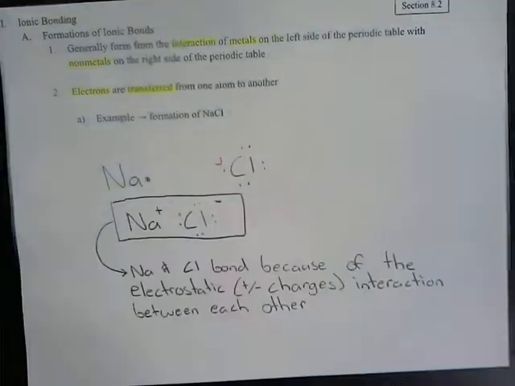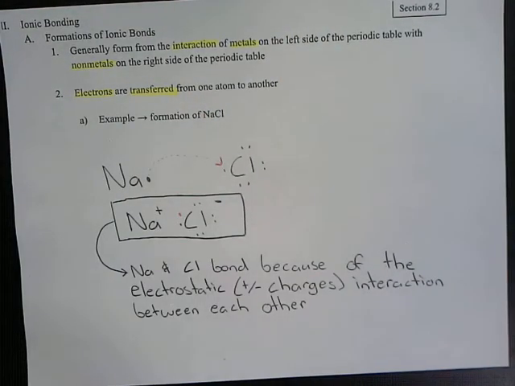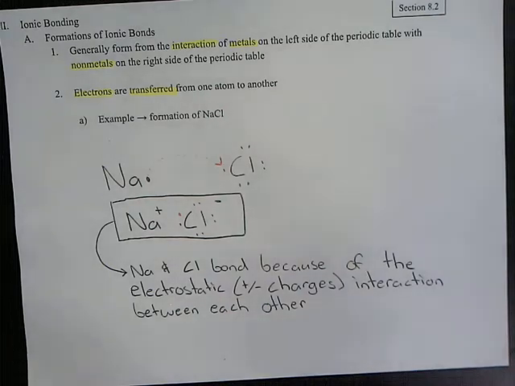I donate or I accept an electron, and because I donated or accepted that electron, I form this charge which causes an electrostatic interaction between these particular atoms. And because they're charged, we notify them as ions.